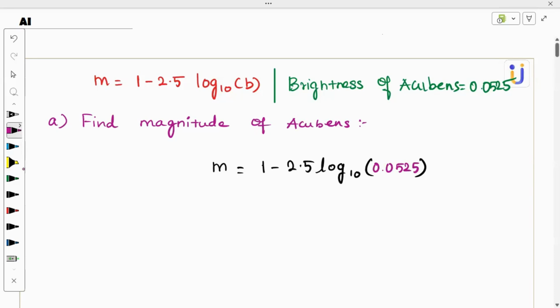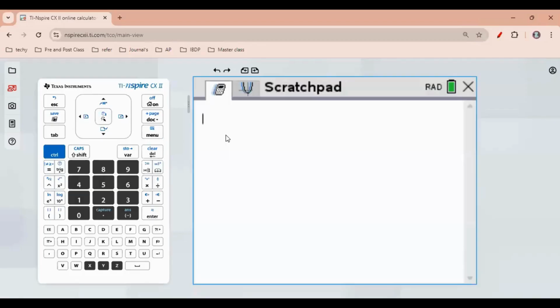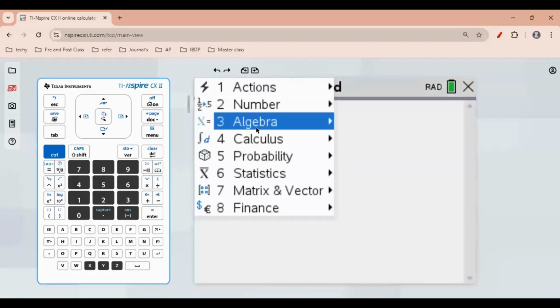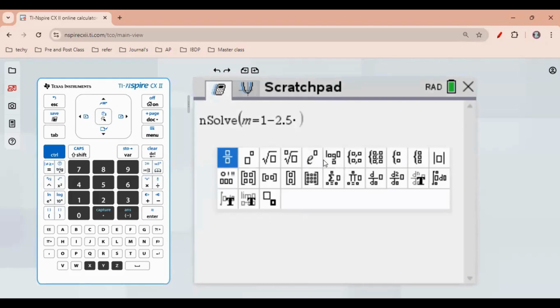Using a calculator, we can solve this. Right? And moving to the calculator page. Solving an equation for m. Take a calculator and go for menu, algebra, numerical solve. So my equation is m is equal to 1 minus 2.5 times the logarithm function, log with base 10.